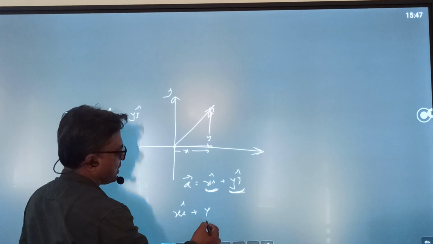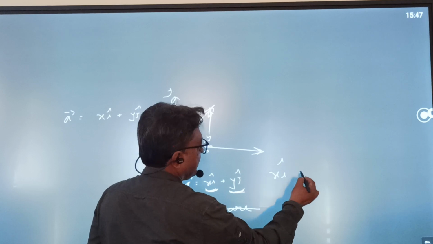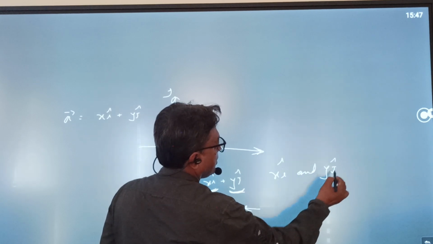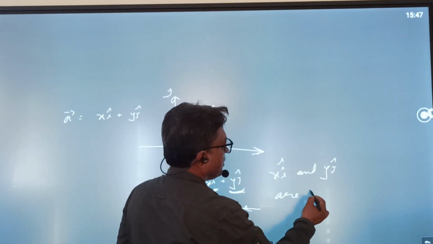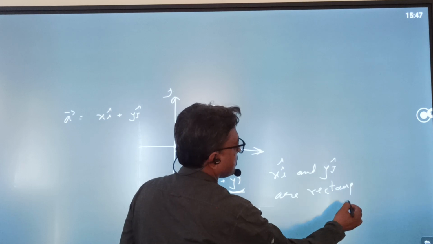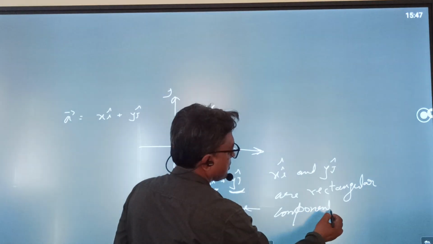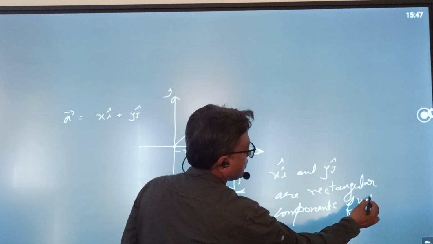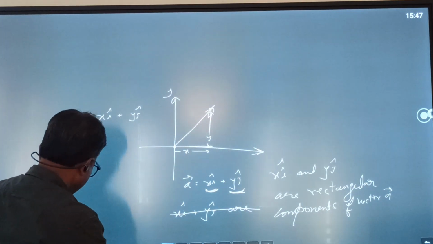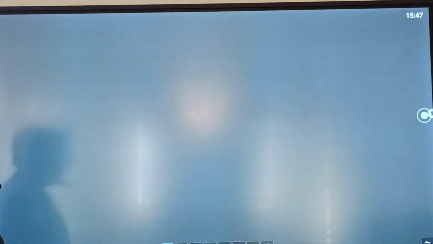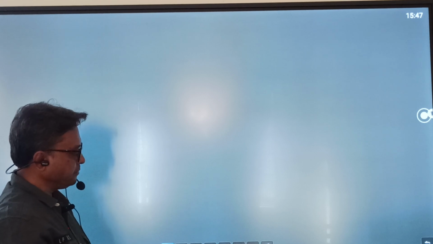So xi and yj. Xi means x into i cap. Xi and yj are rectangular components of vector A. So we can add any two vectors simply by translating parallel to them.